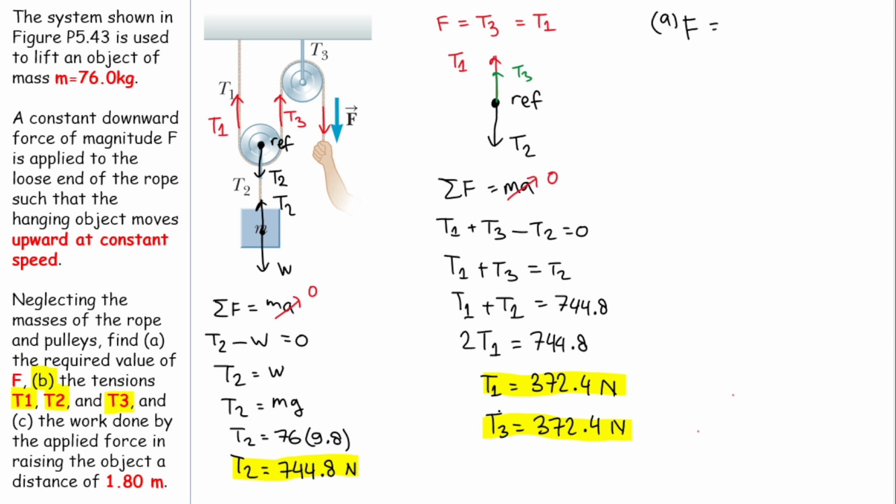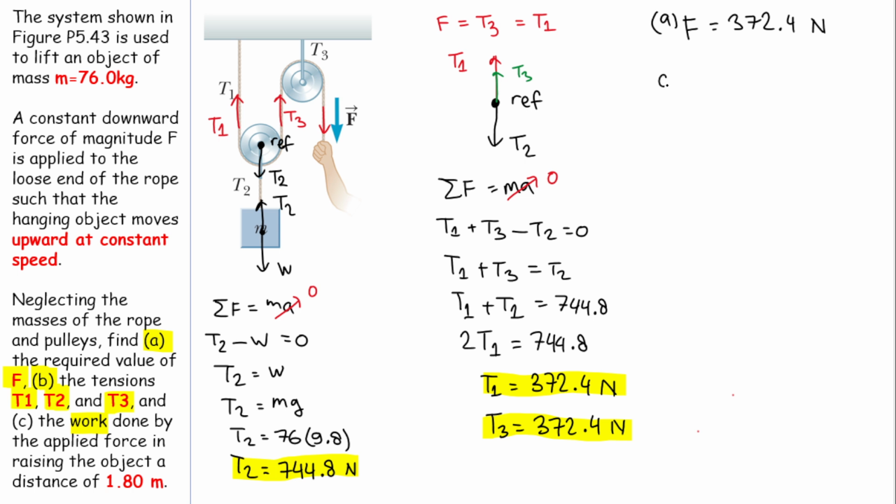We know the value of T3 and T1, which is 372.4 Newtons. Good. And then for question C, we have answered question A. The work done by the force raising the object a distance of 1.80 meters.